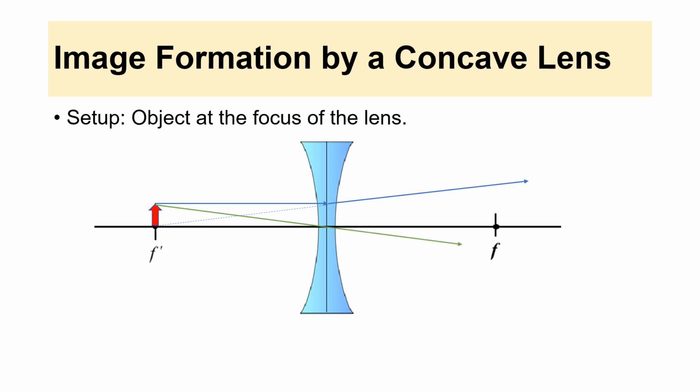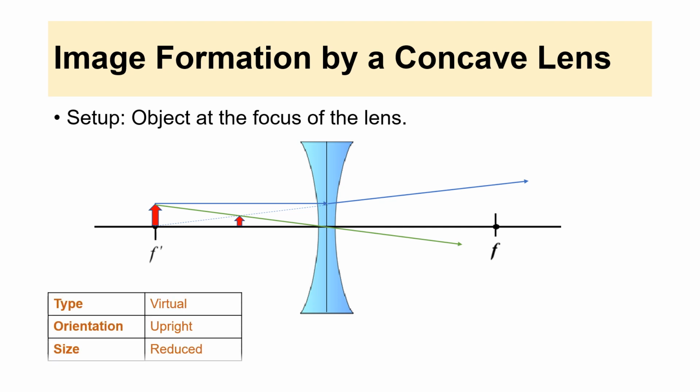We'll find the intersection here. So again, when we move the object towards the lens, still the image is smaller than the object. It is upright, and since it's on the same side of the object, it is virtual. So the image is virtual, upright, and then reduced.